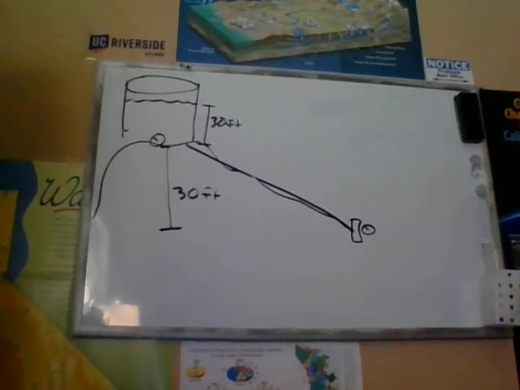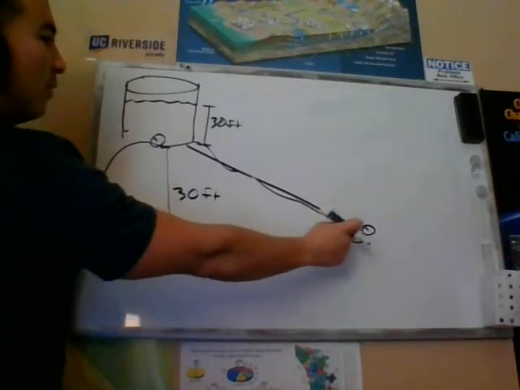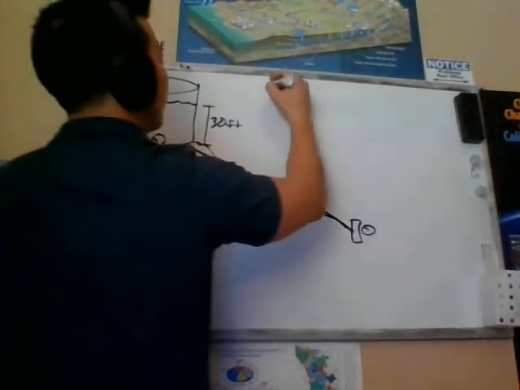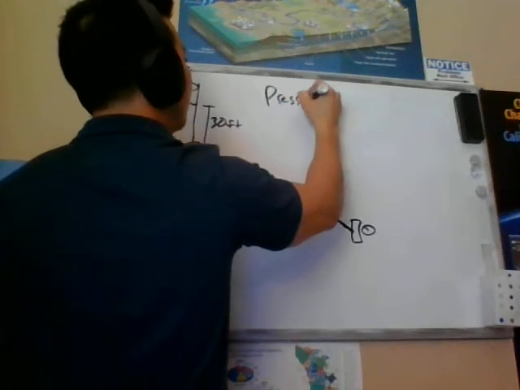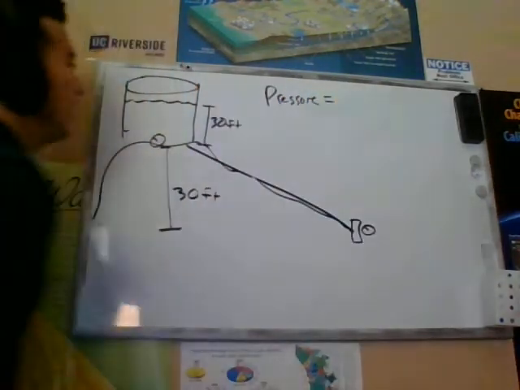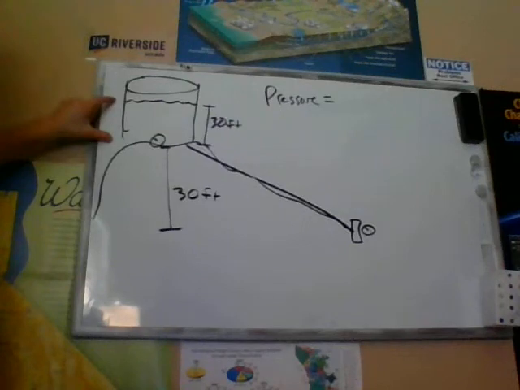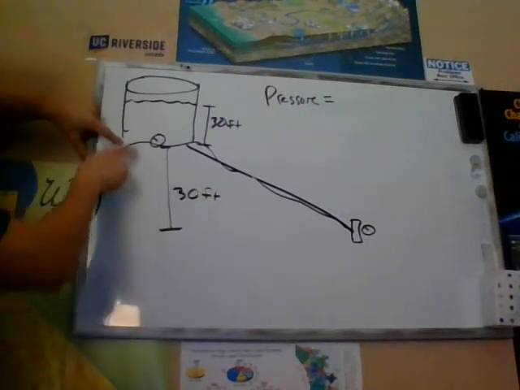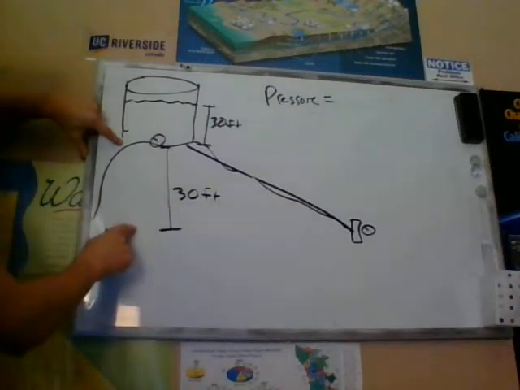So let's figure out what is the pressure at this hydrant. This pressure is going to be equal to the head we created in our reservoir plus the head we created by having the reservoir higher than our fire hydrant.